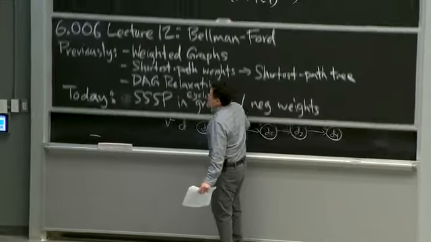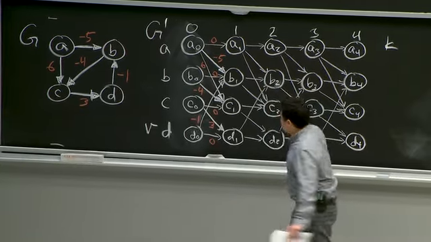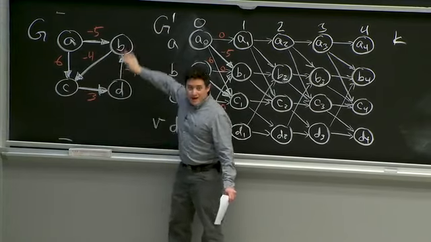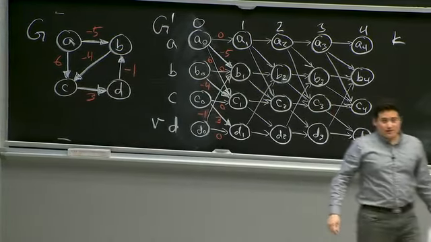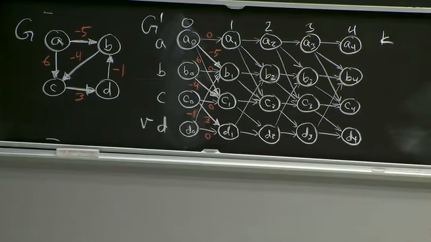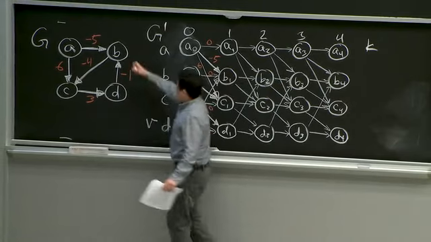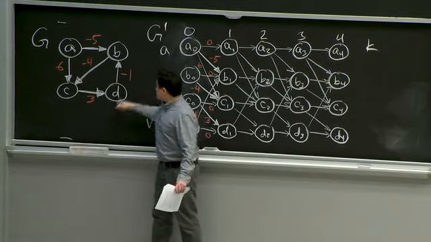Here's the transformation I'm going to show you. I'm going to show you first with an example. Okay? Here's an example of a directed graph that does contain a negative weight cycle. Okay? Can anyone find it for me? B, C, D, right? Has weight -4 plus 3 minus 1.